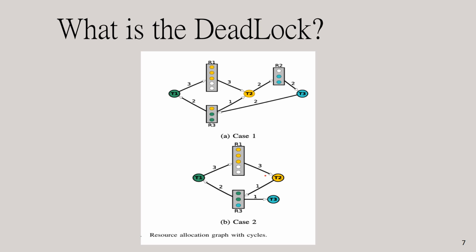In this case, T3 can complete its transaction first, releasing R3. Then R3 can be allocated to T2, which can complete its transaction. Finally, R1 can be allocated to T1, allowing it to complete its transaction. Therefore, all transactions can be completed and no deadlock occurs.